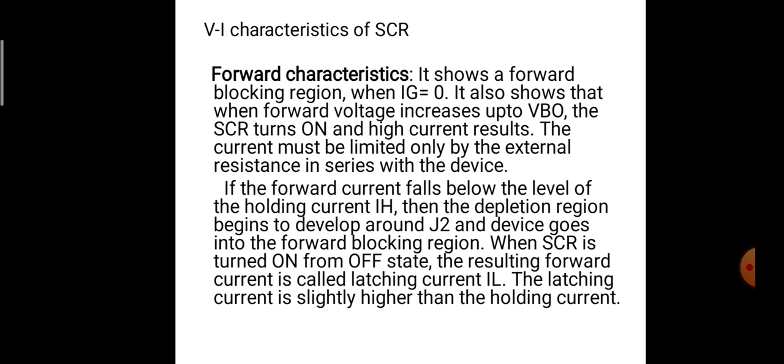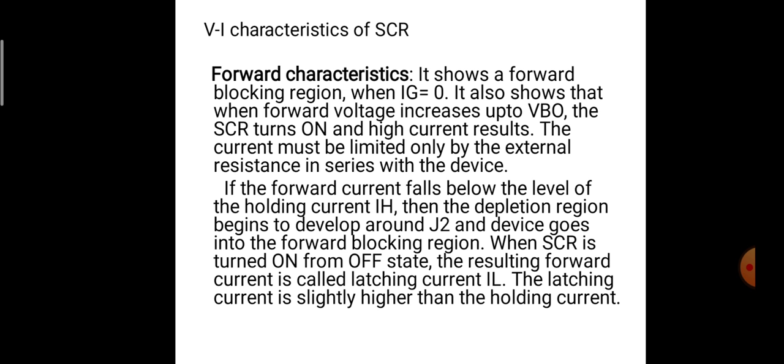It shows a forward blocking region when Ig equals 0. It also shows that when the forward voltage increases up to VBO, the SCR turns on and a high current results.